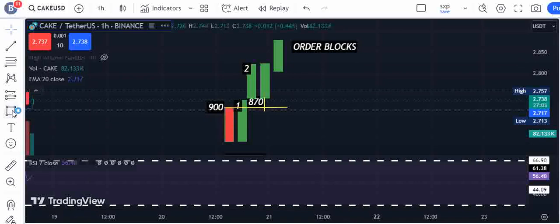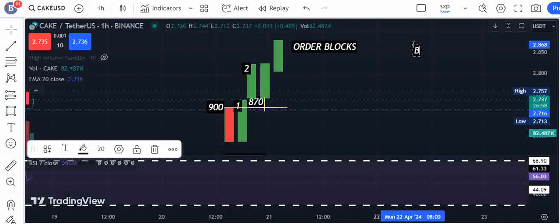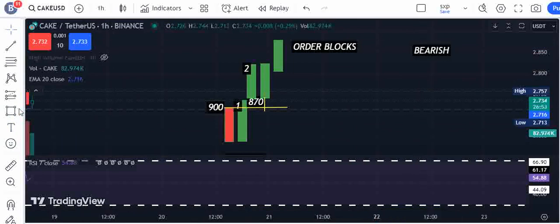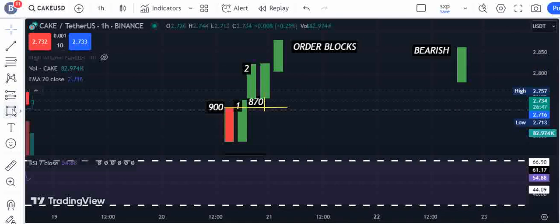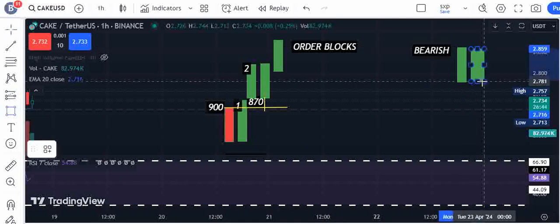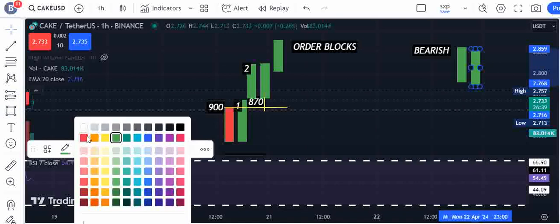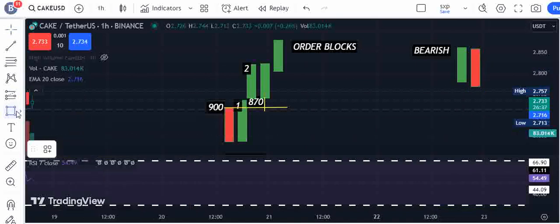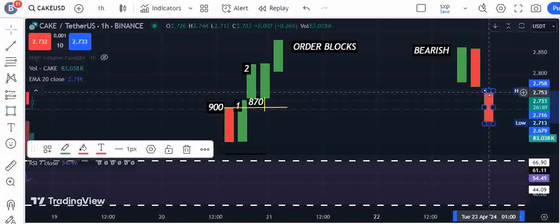In a bearish scenario, it means that there is a scenario whereby we had a green candle first, and all of a sudden we had a red candle that followed. This red candle followed and continued, but then we had that difference in volume.